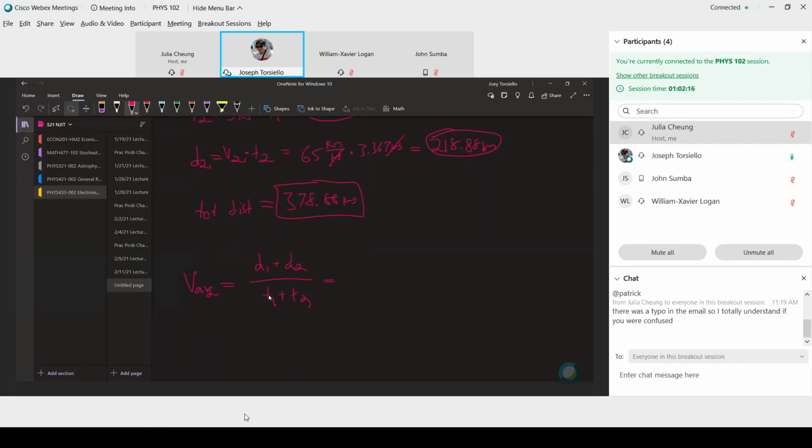And okay, I think I figured it out. I just remembered this. The reason is because you're dividing the average distance you traveled, which is d1 plus d2 over 2, just regular average, by the average time that it took.